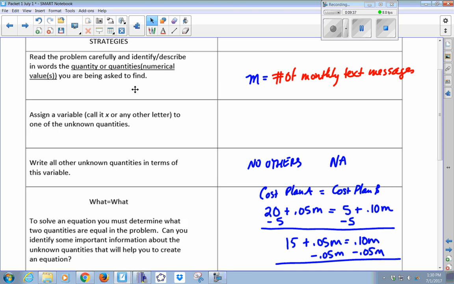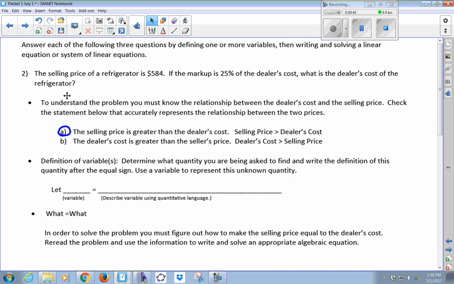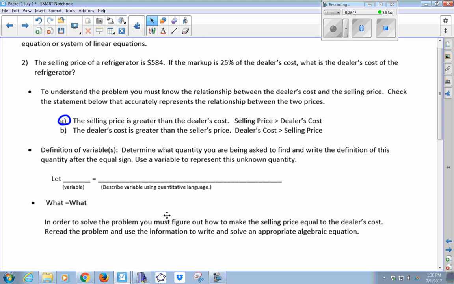All right, let's take a look at this next part of solving story problems. And this is the most critical part. You want to identify the quantity or quantities that you're being asked to find and then assign a variable to it. So in this particular case, I should have put a little more room in here because we really have 2 unknown quantities.